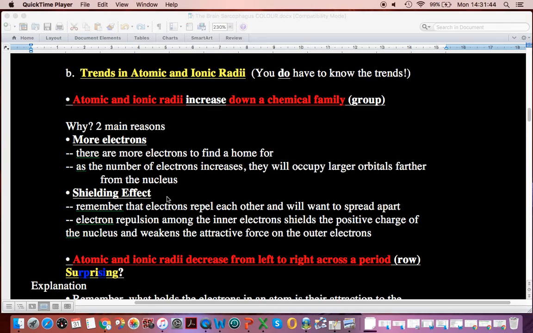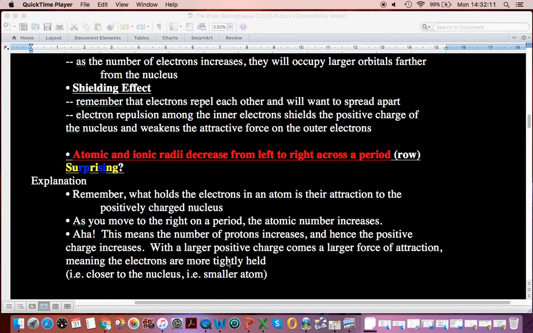So the shielding effect will apply to big elements that are low on the periodic table, but it's not going to apply to small ones like carbon, where you don't have many layers of inner shells of electrons to shield the nucleus. So you have to know that as you go down a group, the atom gets bigger, and those are the 2 reasons why.